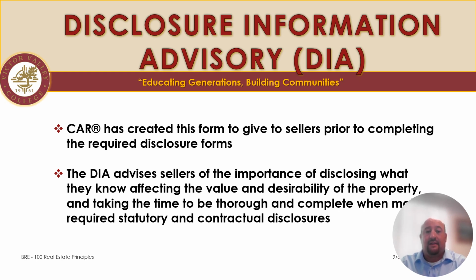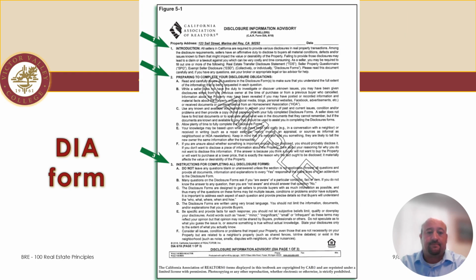Now, disclosure information advisory, the DIA, this is given to sellers prior to completing required disclosure forms. So this form is used when you start a listing, and that will tell the seller all of the other disclosures that they're going to have to provide.